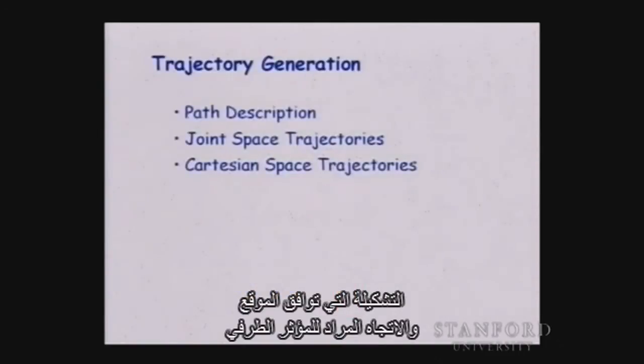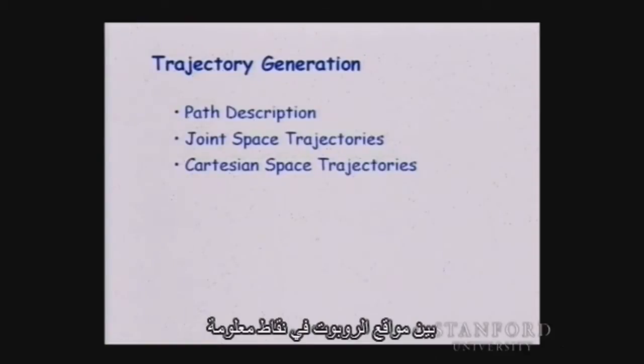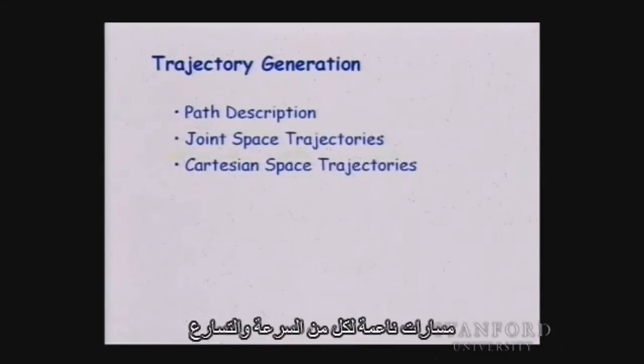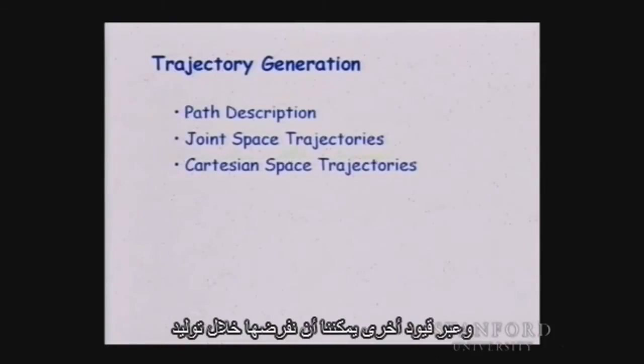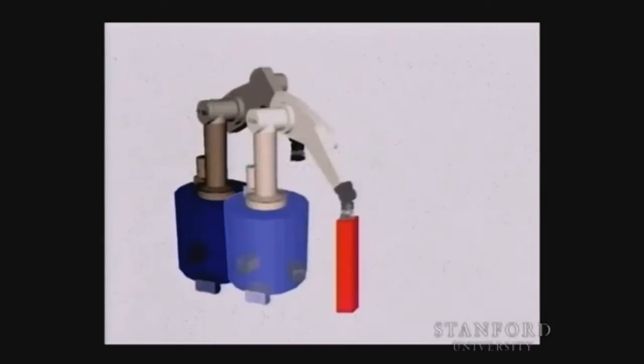And then using those solutions, we can do this interpolation between where the robot is at a given point and how to move the robot to the final configuration through trajectories that are smooth both in velocity and acceleration and other constraints that we might impose, through the generation of trajectories both in joint space and in Cartesian space.